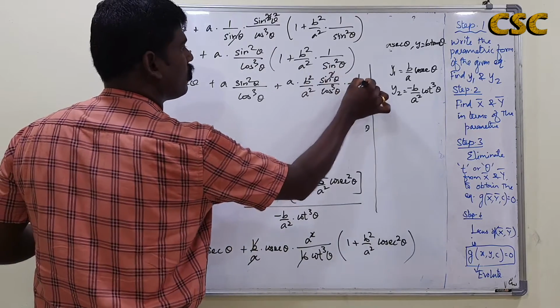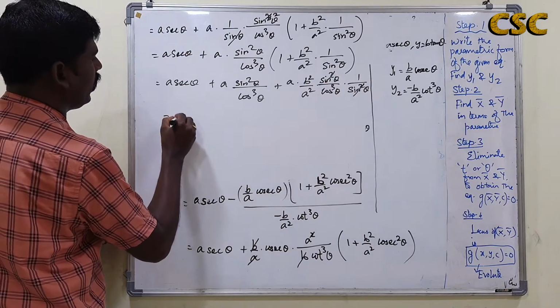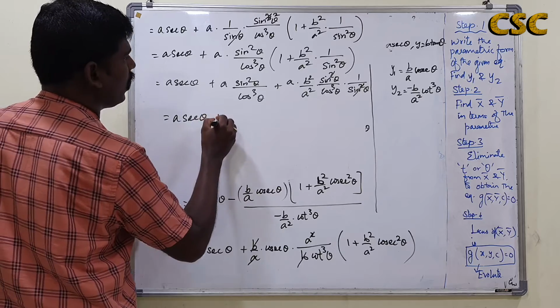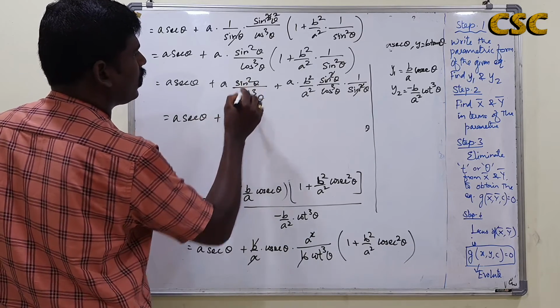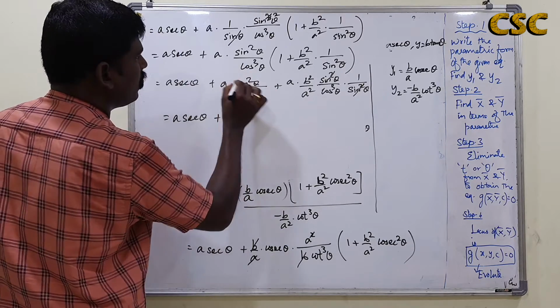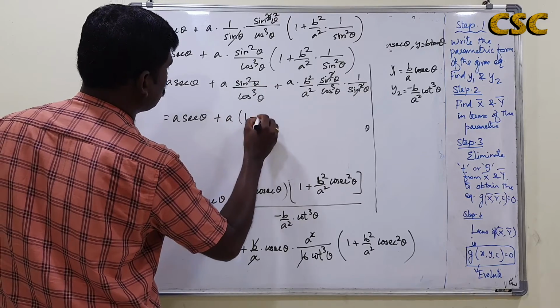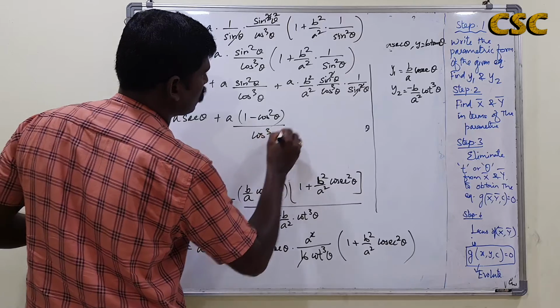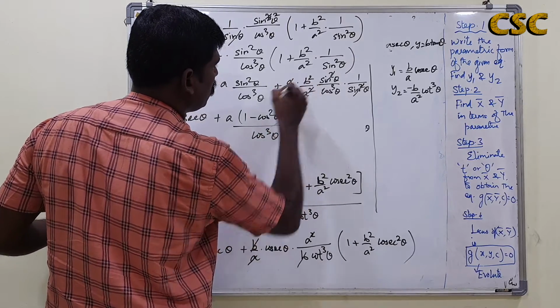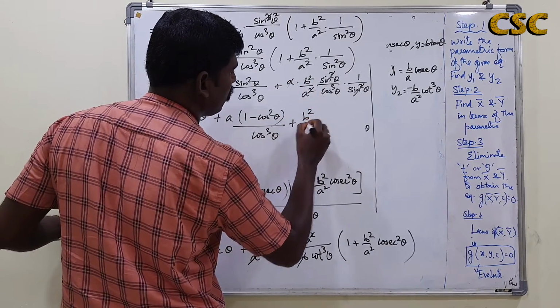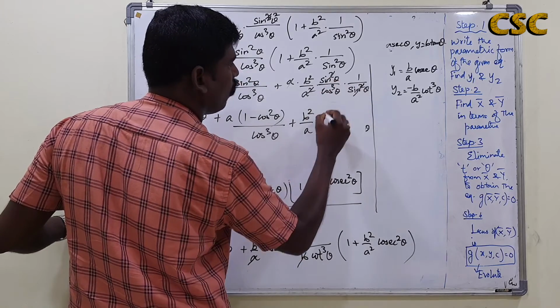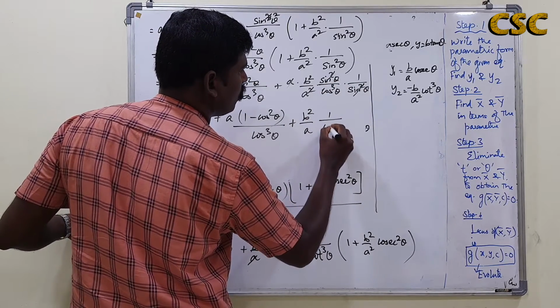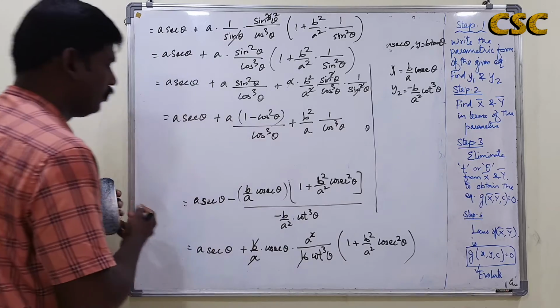I can cancel the sin square with this sin square, that is equal to a secant theta plus a into, what is here? Here I am going to change the sin square theta into 1 minus cos square theta by cos cube theta plus strike out this a with this a. So what is remaining? b square by a. Here 1 by cos cube theta is here, right? That's all.